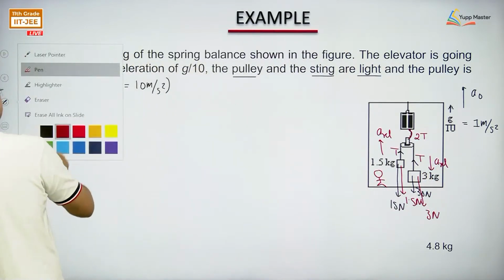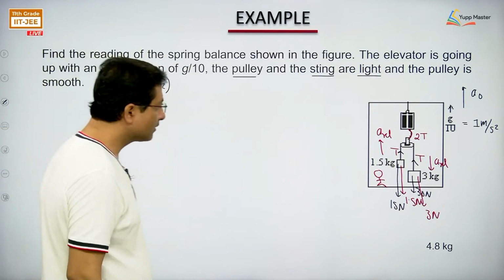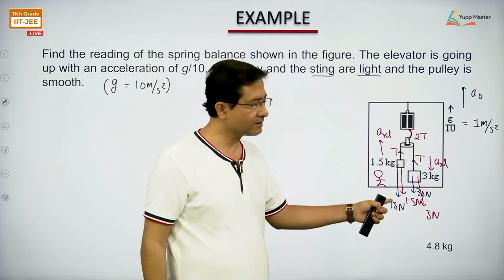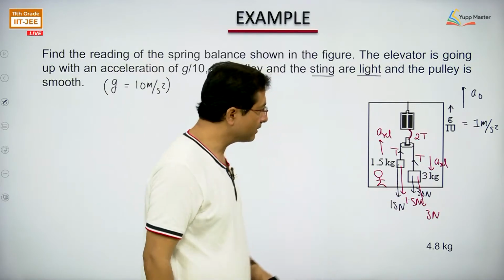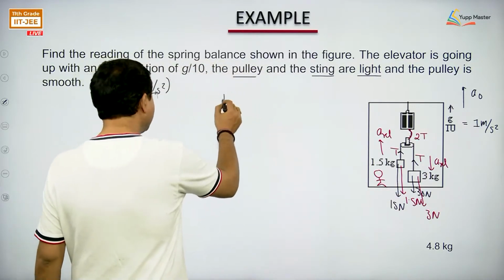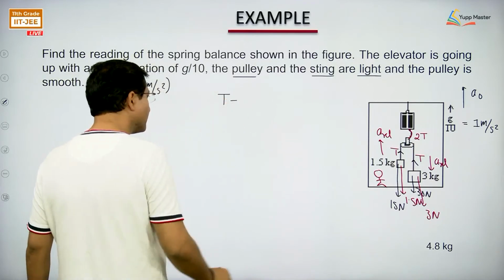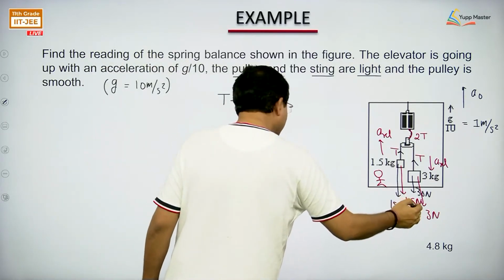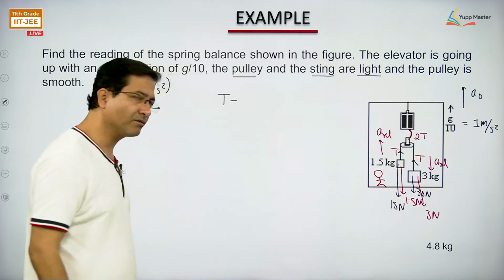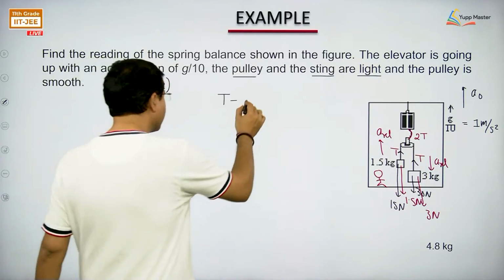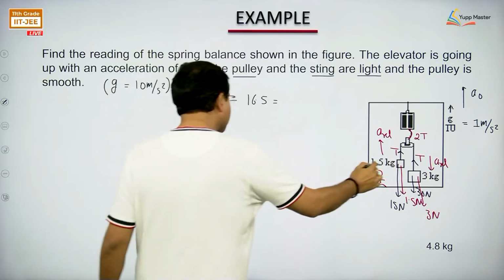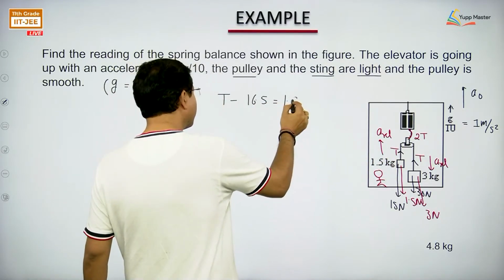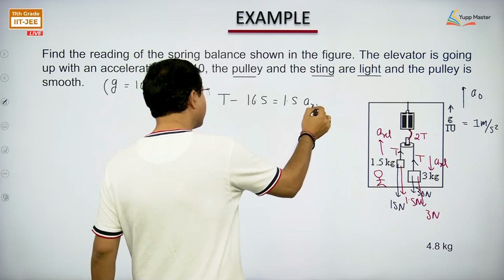So what I'll write: T minus 15 plus 1.5. So T minus this real force mg, plus pseudo force, 16.5 in the downward direction, 16.5, is equal to mass into acceleration, 1.5 into a relative.